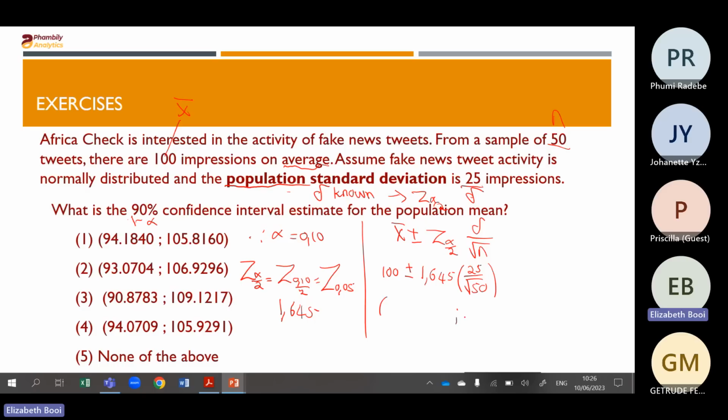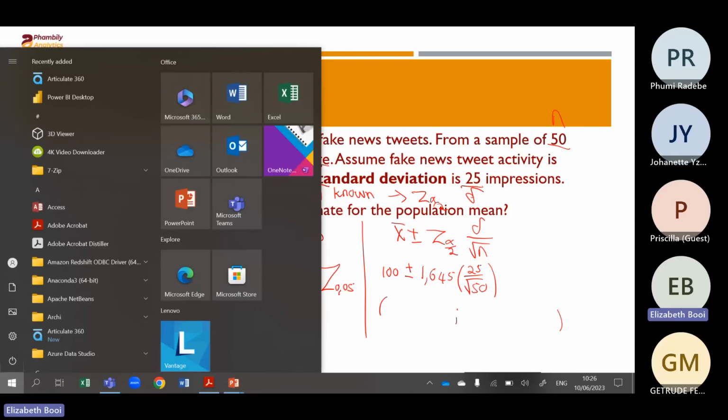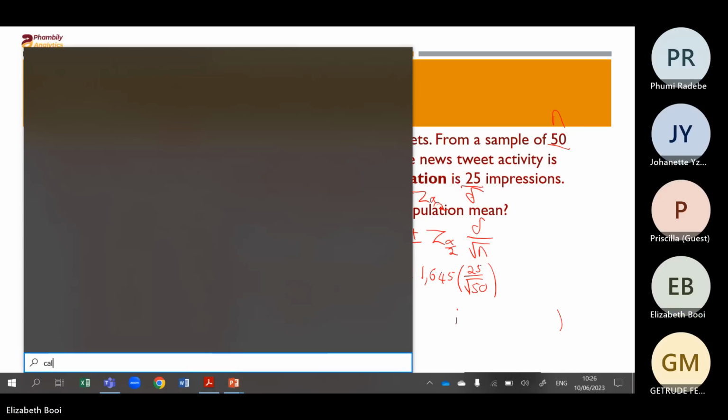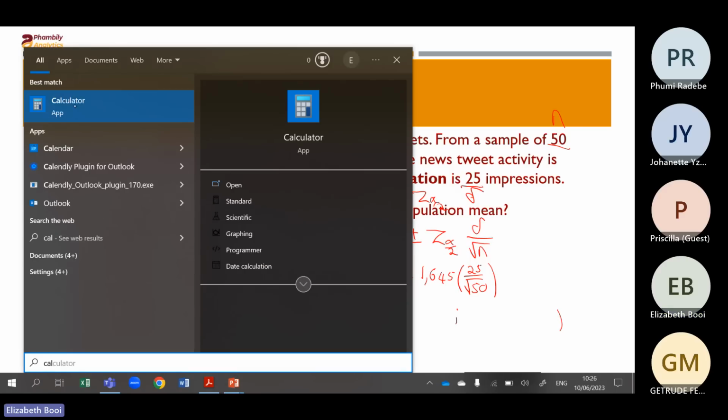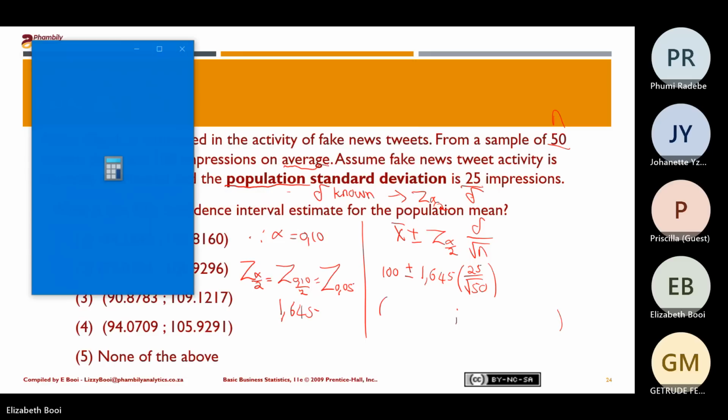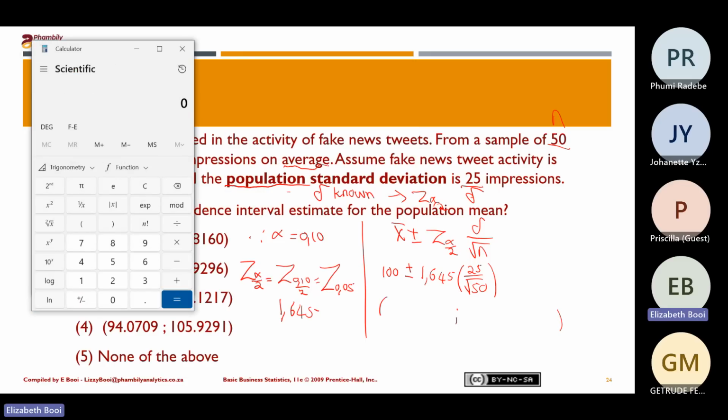I'm going to work out the margin of error. I'll open the calculator and use my normal calculator.